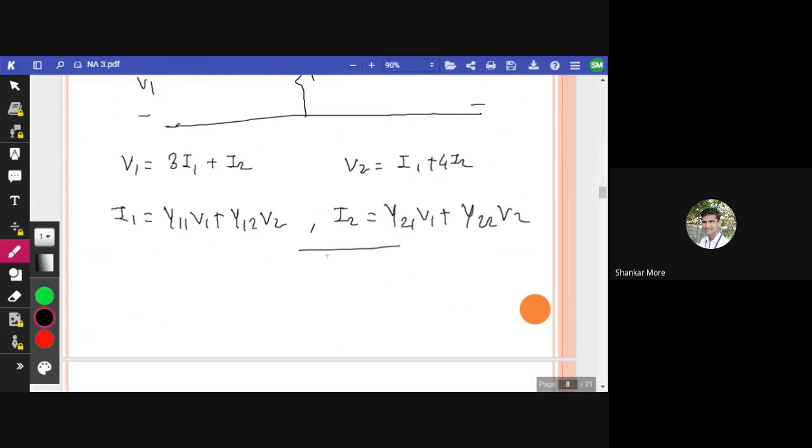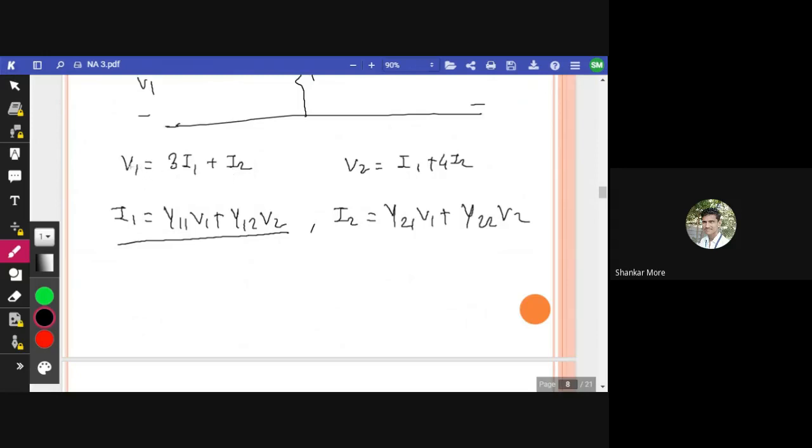So these are the equations for Y parameters. Now to get the first equation, we need I1, V1 and V2. ठीक है, तो हमें eliminate क्या करना है? We have to eliminate I2, isn't it?